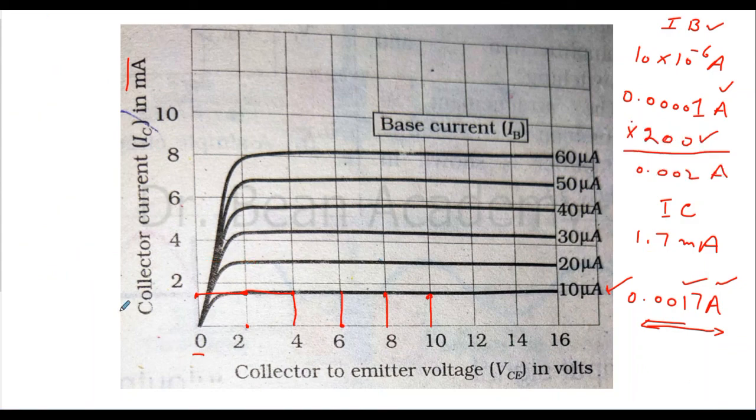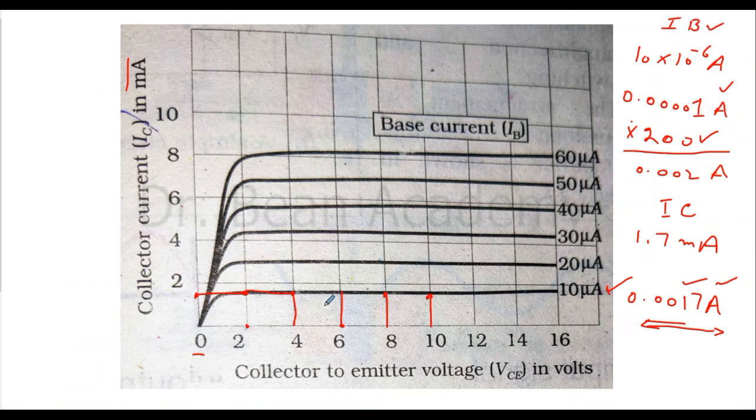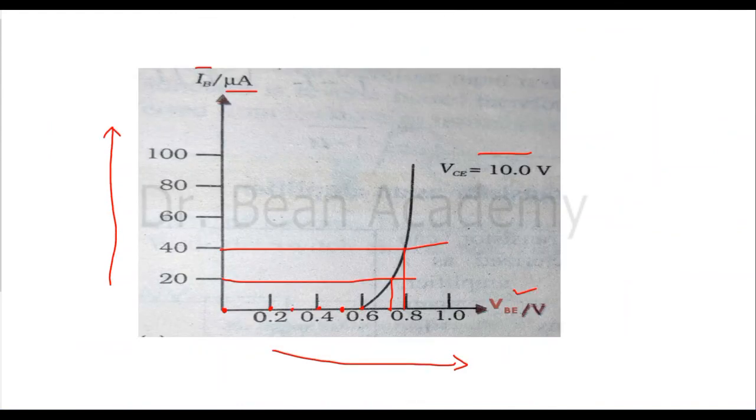And it doesn't matter whatever voltage you set across the collector and emitter, it is not changing. Whatever VCE is, you are getting a huge current for a small base current. So next, suppose you want to change the voltage, you change the voltage using this curve.